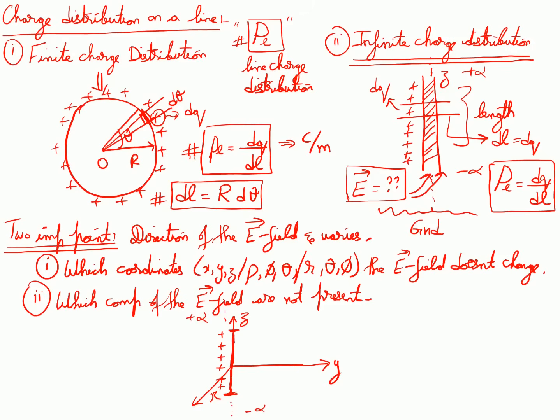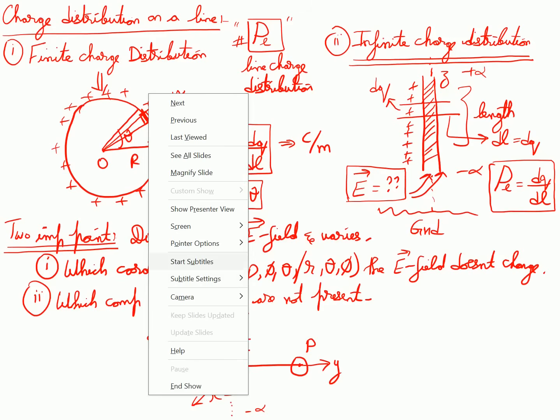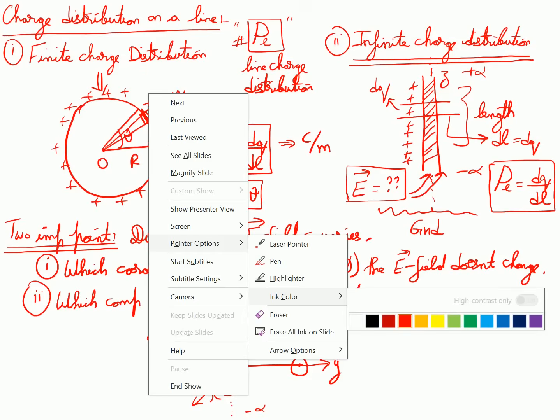So now what is going to happen? We select any point, let's say point P, along the y-axis, and we select a portion of charge. This portion of charge is going to be our dq. Let me use another color to differentiate better.